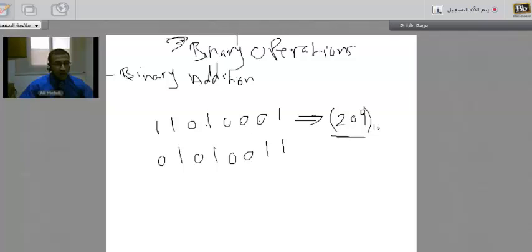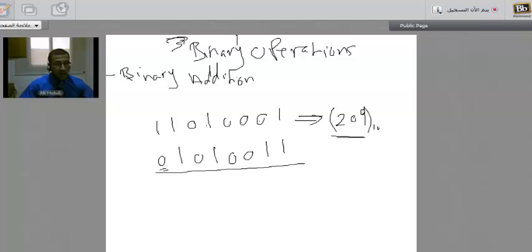In the second number, I added a 0 here. Zeros to the left of a number do not make any difference to the number, but in most cases it is good to put them in, just to keep our work tidy, so we've got the same number of bits that we are dealing with.